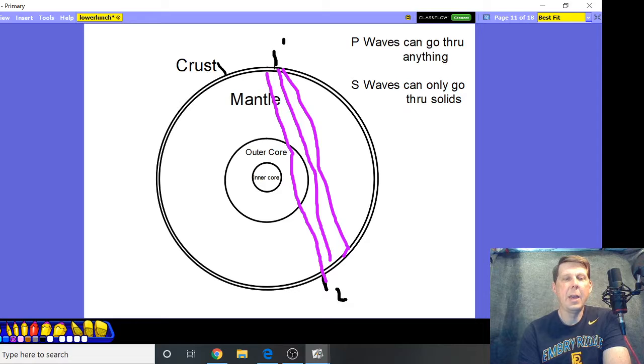Now the S waves, we're going to put in brown. They can only go through solids. So as the S waves come down, it's going to go through.